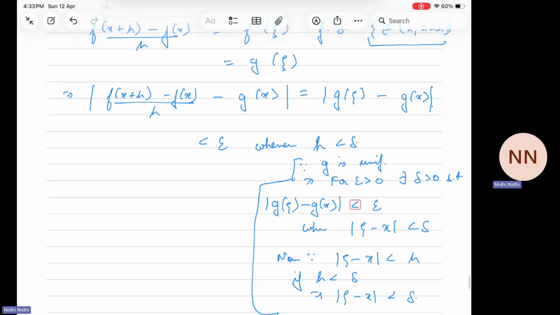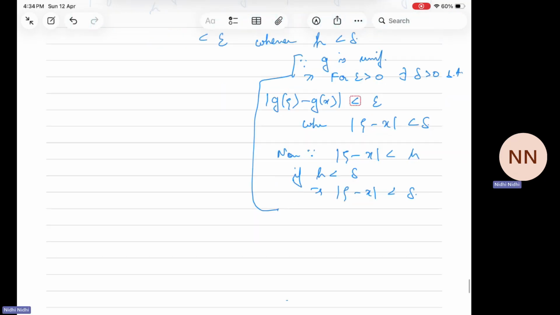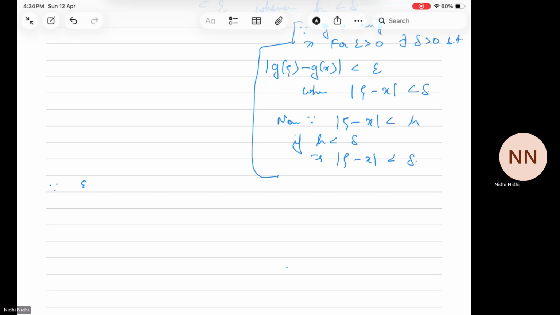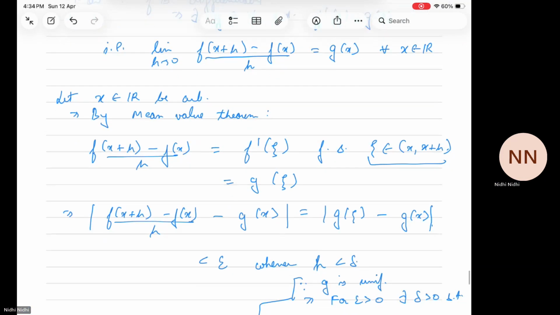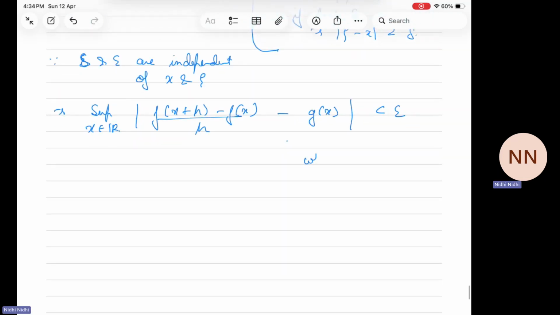Now this epsilon and delta are independent of x, so we can take supremum. Since delta and epsilon are independent of x and xi, we get supremum over x in R of mod f x plus h minus f x upon h minus g x is less than epsilon whenever mod h is less than delta.